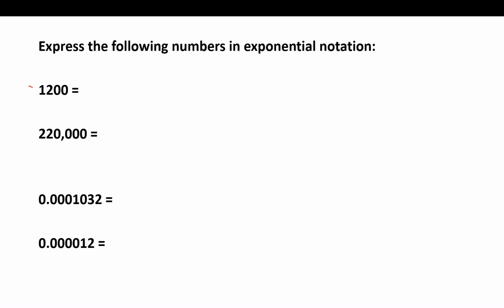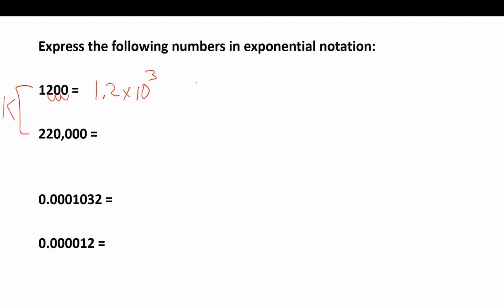All right, I'm assuming that you put it on pause, you worked these out, and you're checking the answers. We see for both of these examples, they're bigger than 1, so we're going to see that our exponents are positive. We move the decimal over in this first number, 1, 2, 3. This is 1.2 times 10 to the positive 3. Why is that?